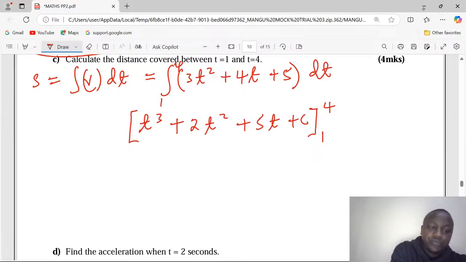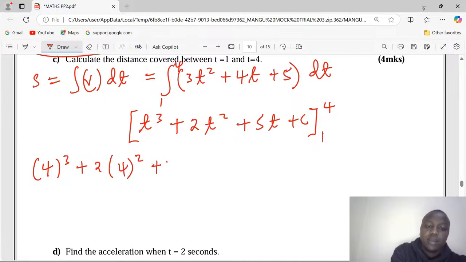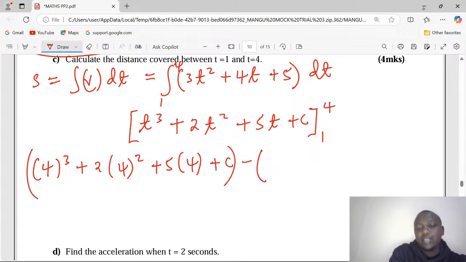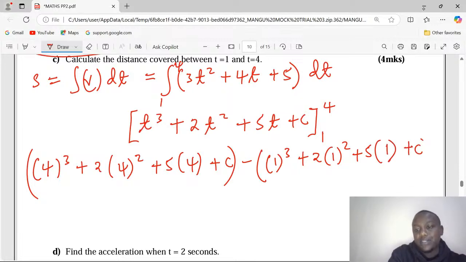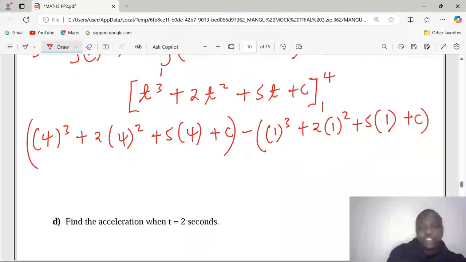When we substitute 4, it will be 4 cubed plus 2 times 4 squared, plus 5 times 4, plus c. Then minus, we substitute 1: 1 cubed plus 2 times 1 squared, plus 5 times 1, plus c. That is now the substitution.